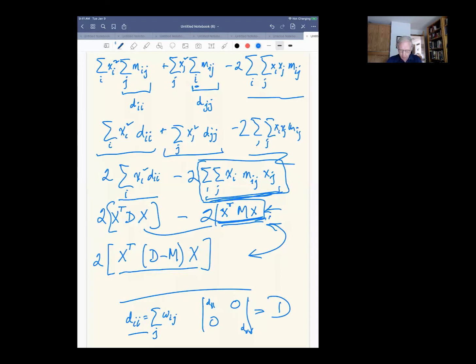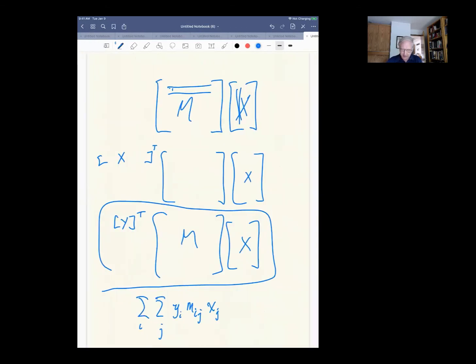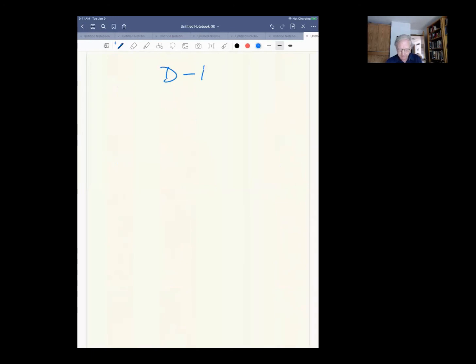Okay, so let's think about this D minus M matrix. D minus M. This has a name. It's called the Laplacian. It has lots of very, very cool properties. For us, conceptually, let's bear in mind that the diagonal elements are the sum of the off-diagonal elements. That's how we defined it.